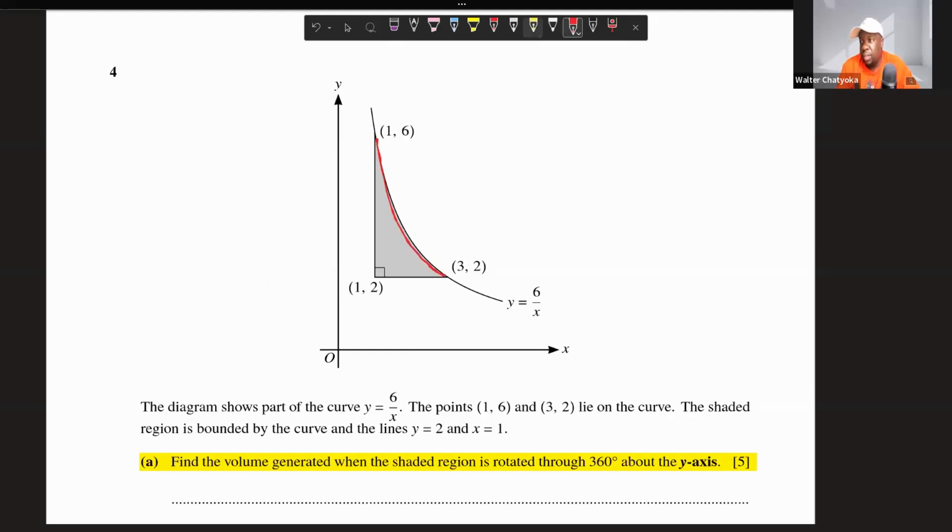When we rotate this part of the graph about the y-axis, it will form a 3D shape, but there's an extra volume, which happens to be a cylinder, which we do not need. What we need is the volume of the solid formed which does not include the cylinder.